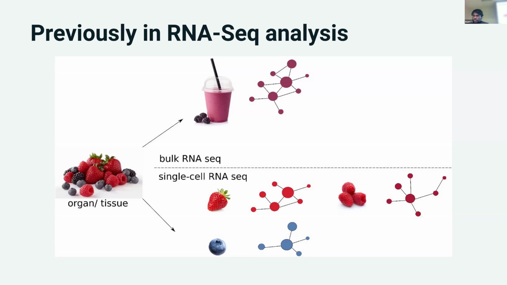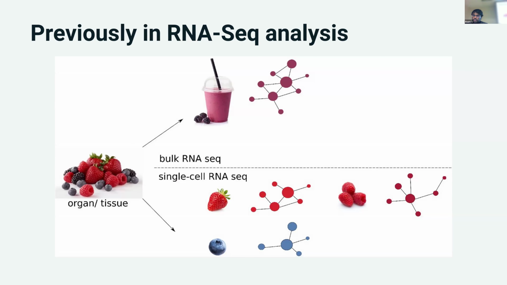So using the fruit smoothie analogy, you take a whole lot of mixed berries and you put them into a blender to make a smoothie for bulk sequencing. And while you can taste that it's a smoothie, you can't distinguish which flavor came from which specific fruit. So bulk RNA sequencing allows us to see the overall signal.